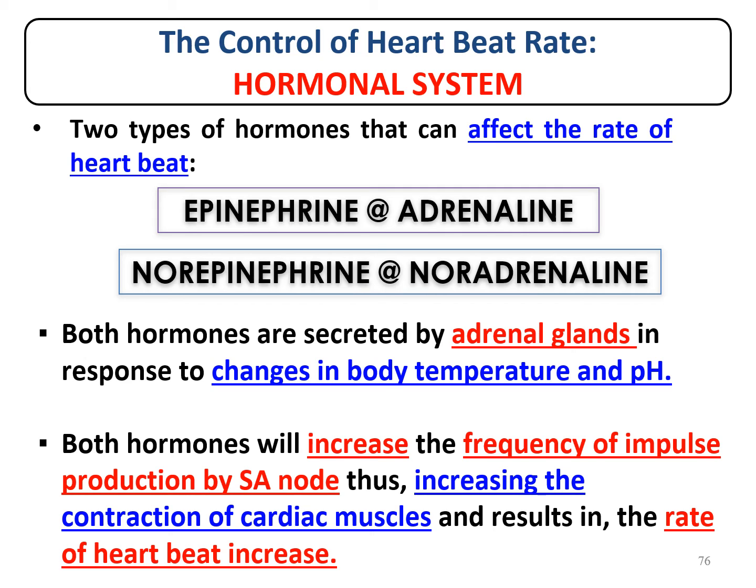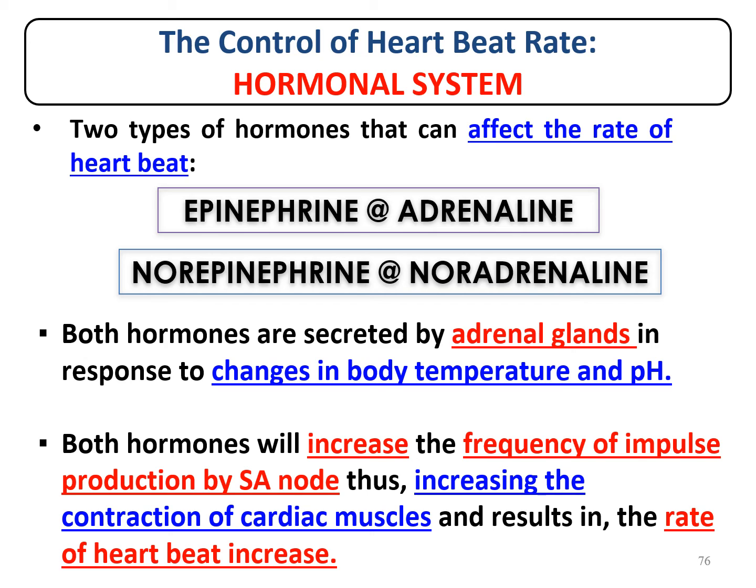Based on the hormonal system, there are two types of hormones that can affect the rate of heartbeat: epinephrine, or adrenaline, and norepinephrine. Both hormones are secreted by the adrenal glands in response to body temperature and pH change.